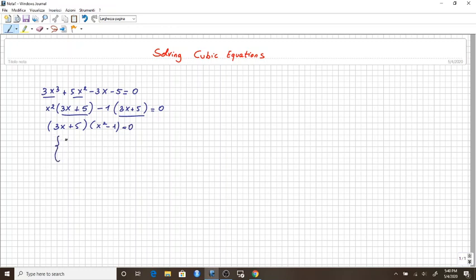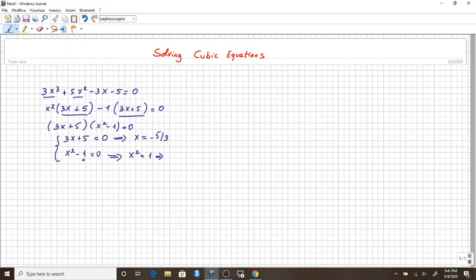So here we have the product of two terms equals 0, when either 3x plus 5 is equal to 0, and when x squared minus 1 is equal to 0. So if we solve the first one, you subtract 5, you divide by 3, so x equals negative 5 divided by 3. And then for the second one, you add the 1 on both sides, we get x squared equal to 1.